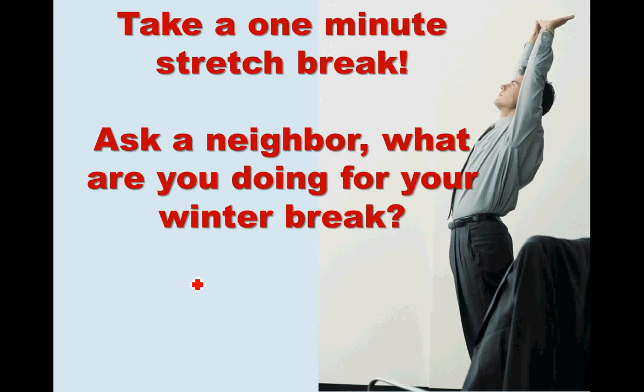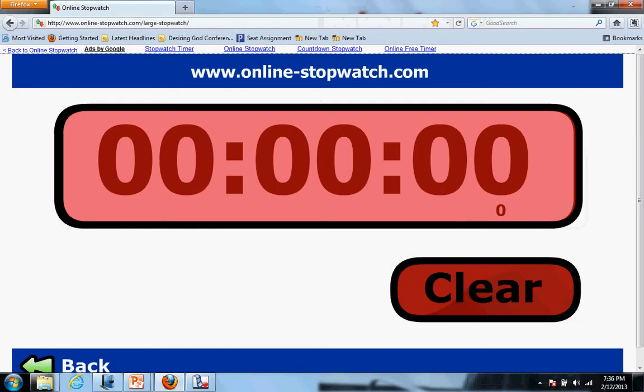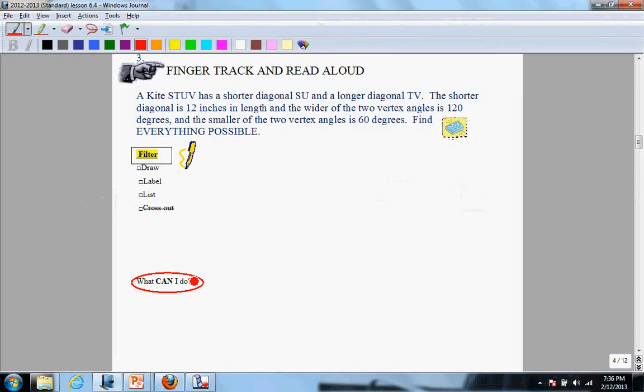All right, let's tackle that last problem together. It says right here that a kite, STUV, has a shorter diagonal, SU, and a longer diagonal, TV.